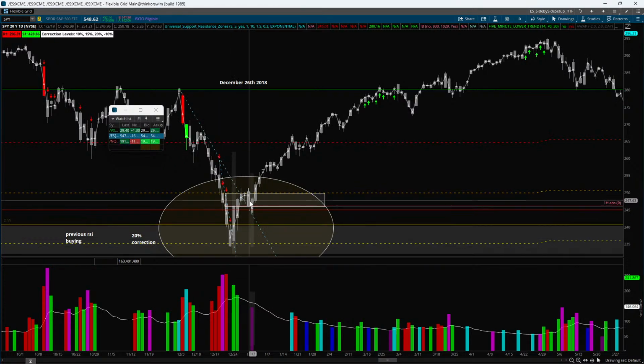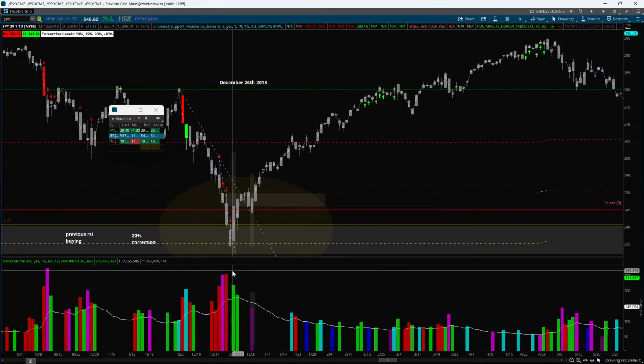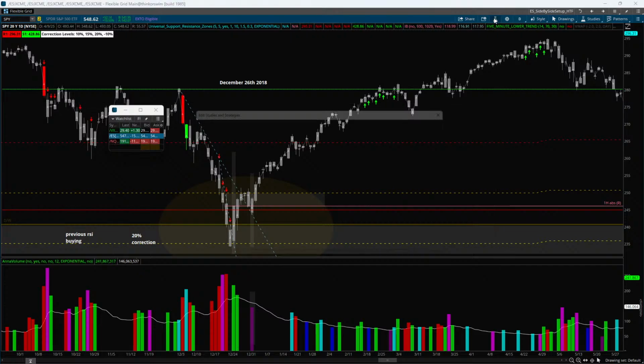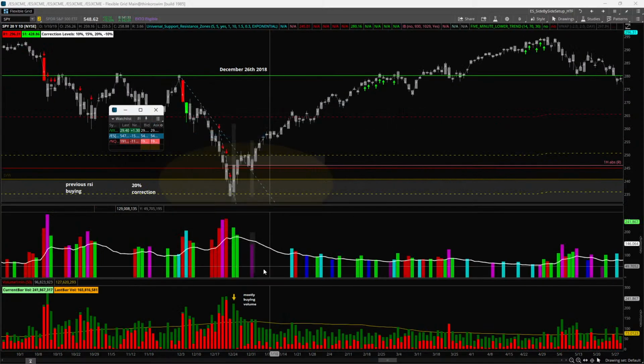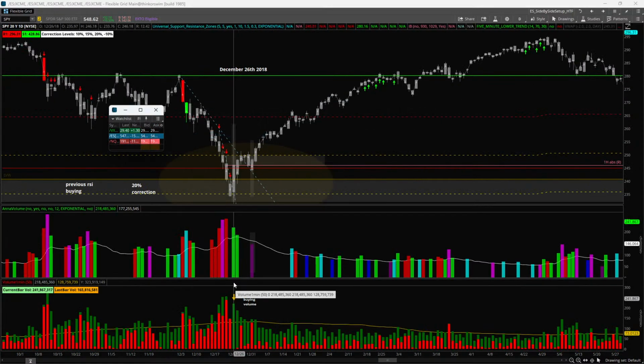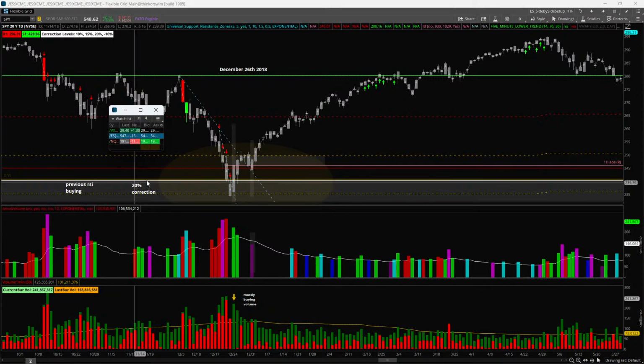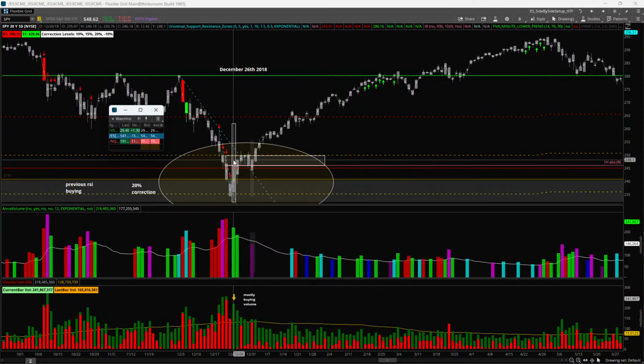Now price just needs to hold and then go. But I think our first thing that we got out of the recipe is the, no, we got a few things. All right, but this strong buying with no volume, because we had the previous RSI buying, so it's the correction, and then strong buying volume. Those are basically the only three things we need.